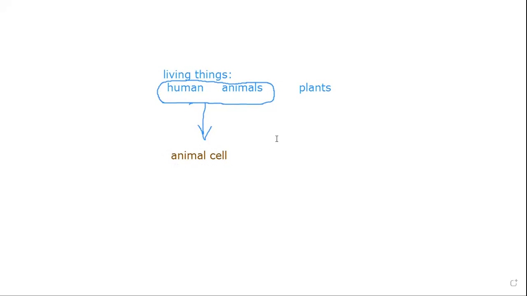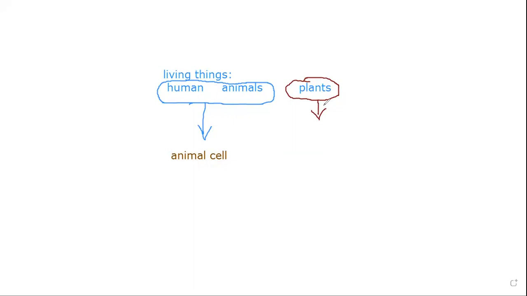The second kind of cell is specific only for the plant. Plants have a special characteristic, which is that they make their own food. They do not eat; they make their own food when they mix the ingredients together: air, sunlight, and water.